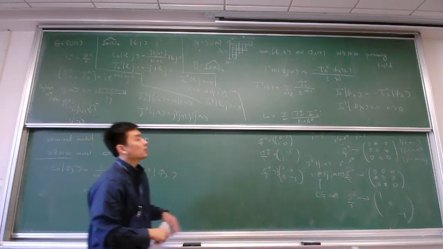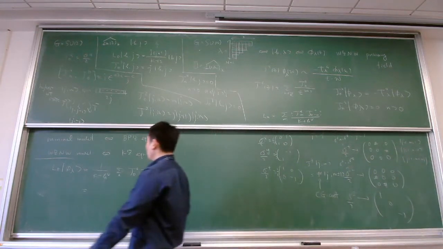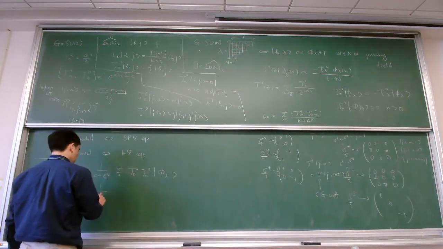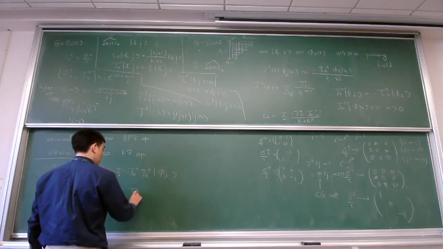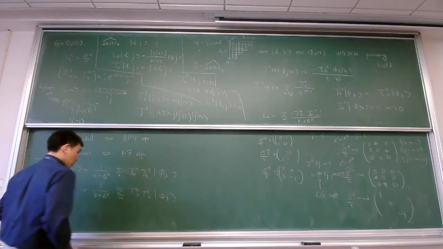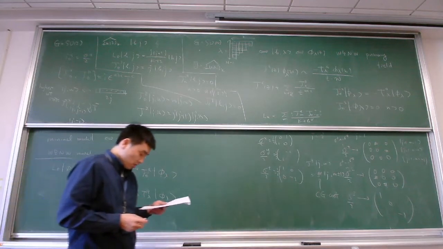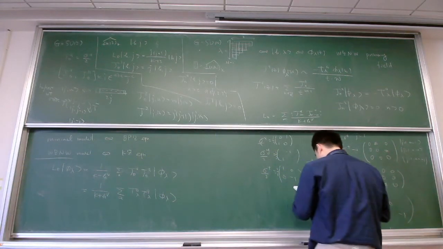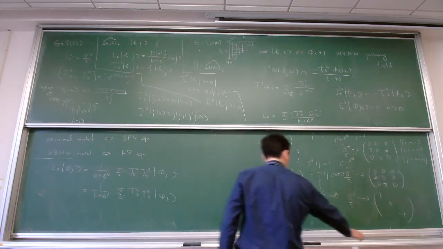We know this acts just as a matrix, so it is 1 over k plus h check times the sum over a of t^A t^A lambda acting on phi. So that's the action of L_0.